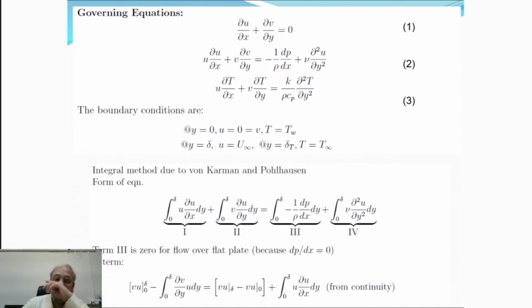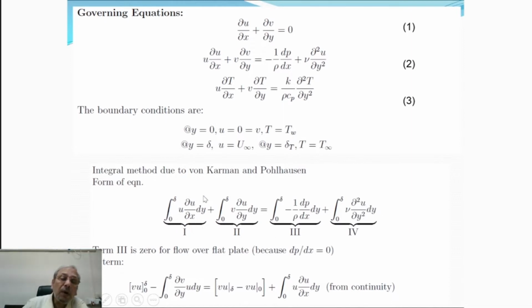That means we can write this boundary layer equation: integration 0 to delta of u del u del x dy plus again integration 0 to delta of v del u del y dy equal to integration 0 to delta of minus 1 by rho dp dx dy plus again integration 0 to delta of nu del 2u del y2 dy.